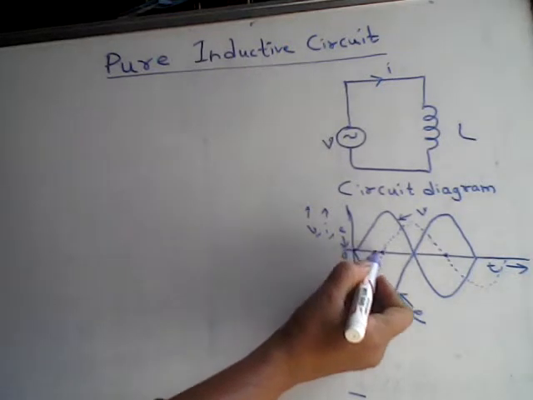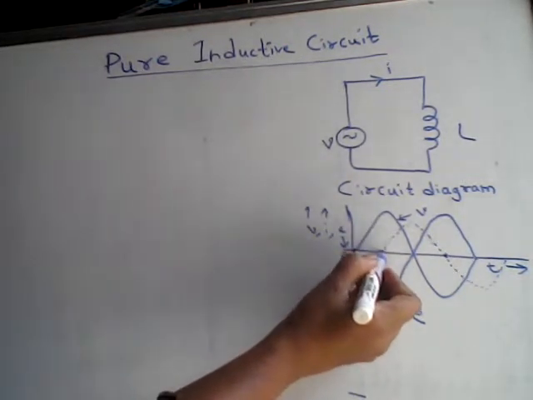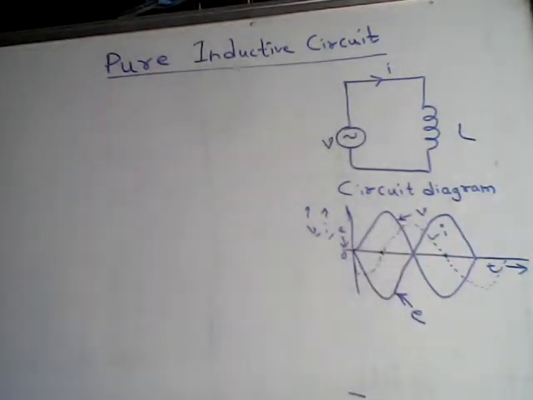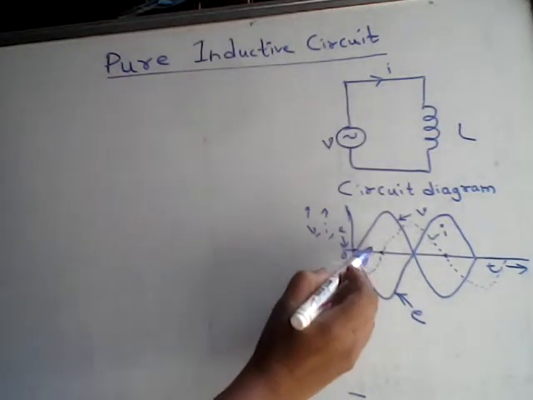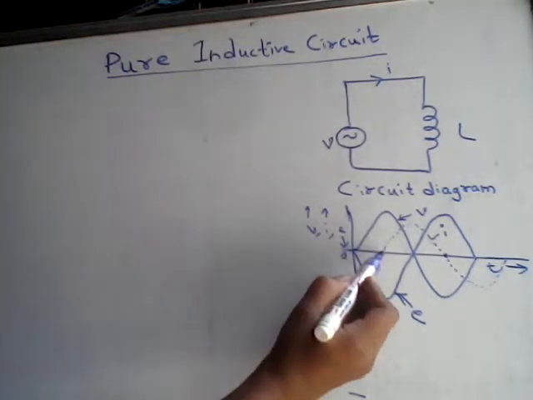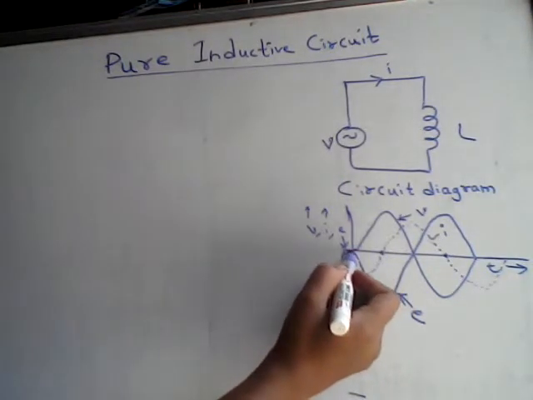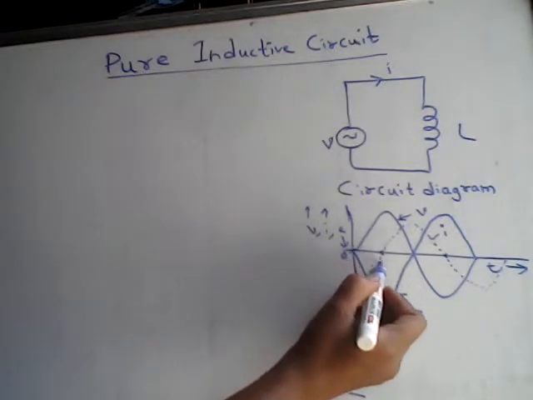So there is a phase difference between the voltage applied and the current. If this is the current waveform, dotted waveform is shown, that is the current waveform. When the voltage has already started, the current is not started, and it is going to start at 90 degrees from the initial point of the voltage, that is theta here.